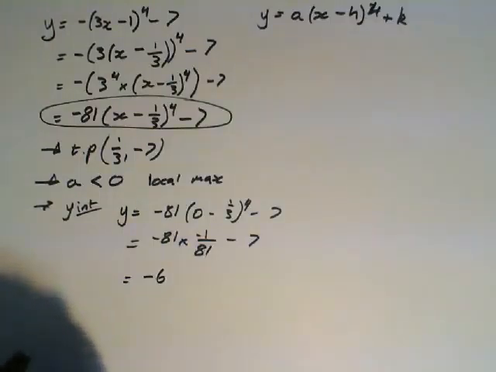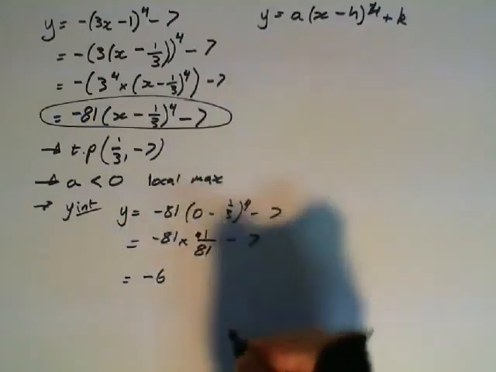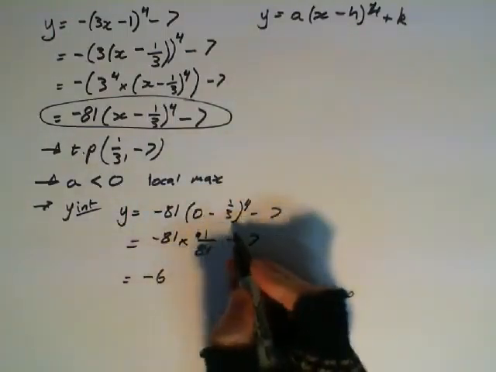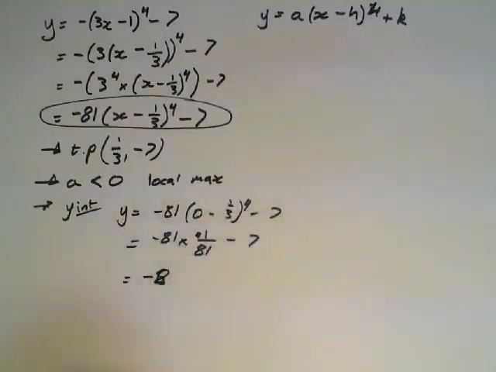And just checking that. Oh, that's why. That should be a positive there. Negative to the 4 makes a positive, so it should actually be -8 for our y-intercept.